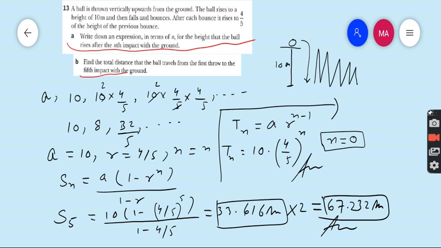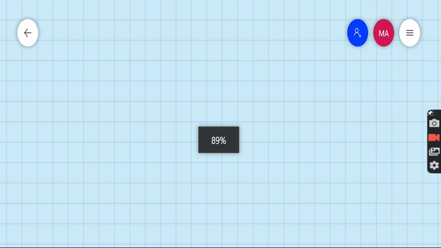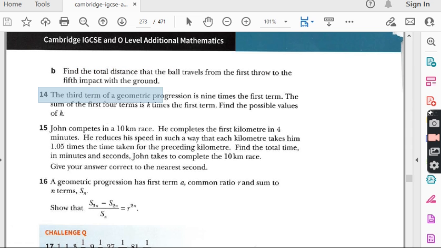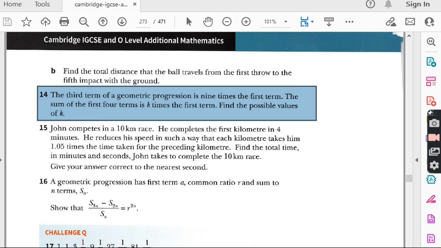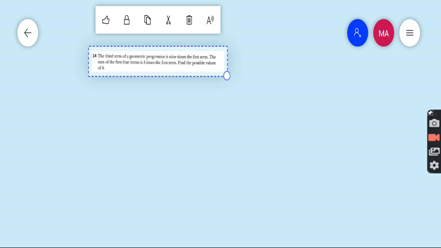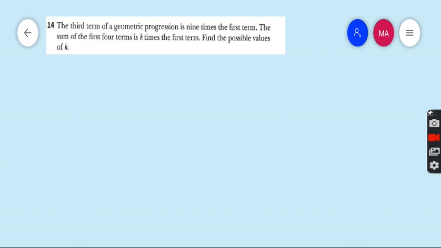Let's start question number 14. The third term of a geometric progression is 9 times the first term.